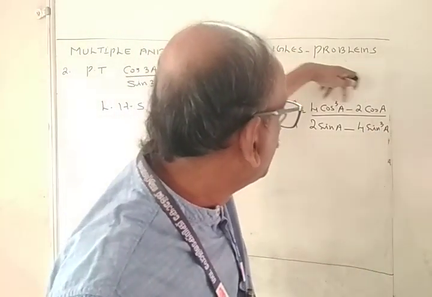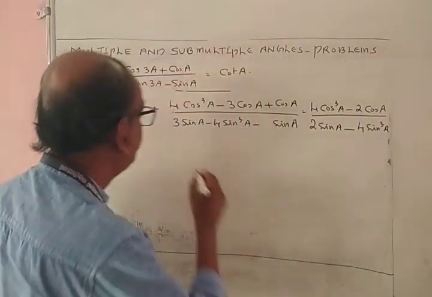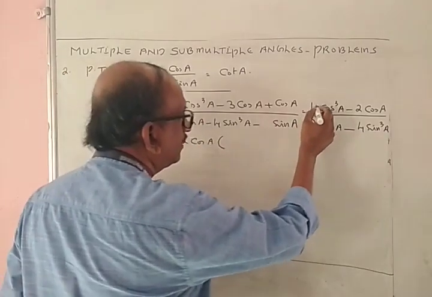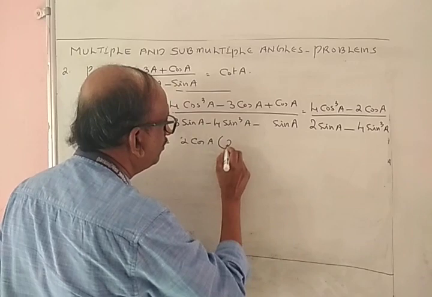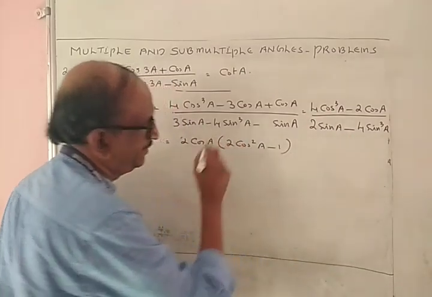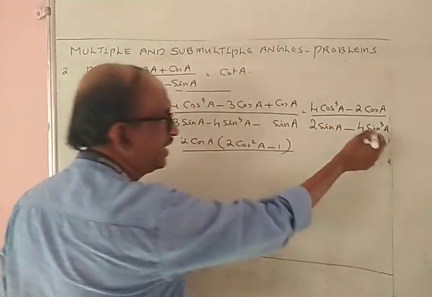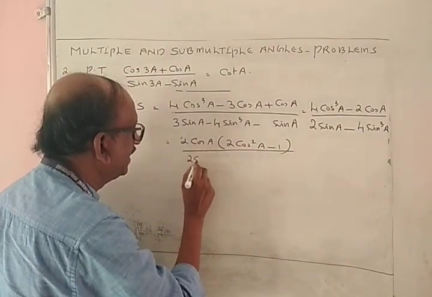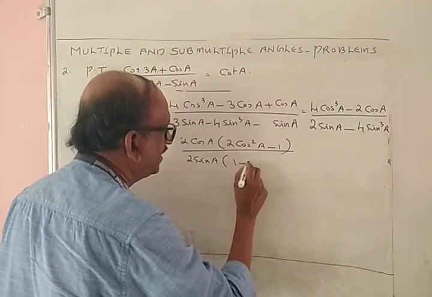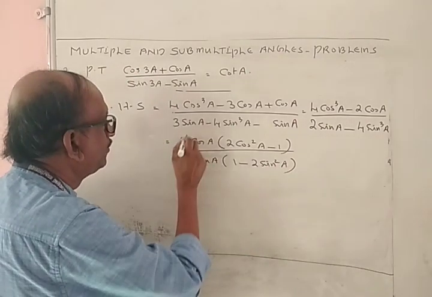Here 2 common. In the numerator 2 and cos a are common. Take 2 cos a outside, bracket, here 2 cos squared a minus 1. Here take 2 sin a outside. 2 sin a is a common factor, bracket, here 1 minus 2 sin squared a. 2 got cancelled.